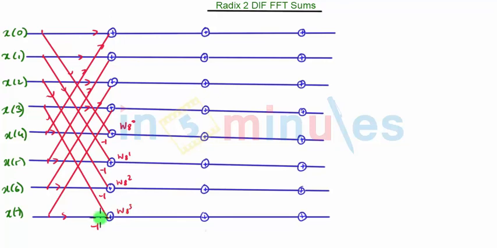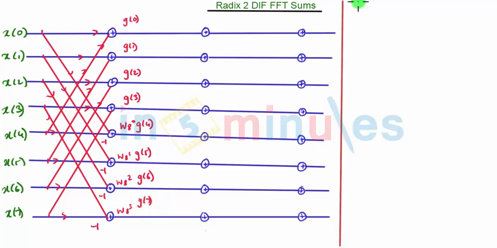Let us say the output of the first stage will be g of 0, g of 1, g of 2, g of 3, g of 4, g of 5, g of 6, and g of 7. Now we will compute the first stage.